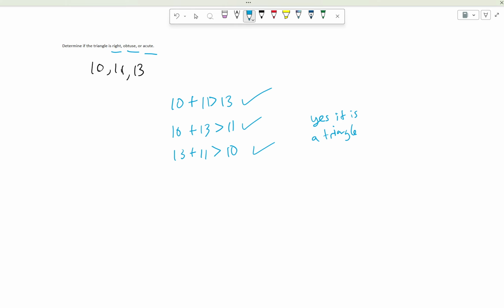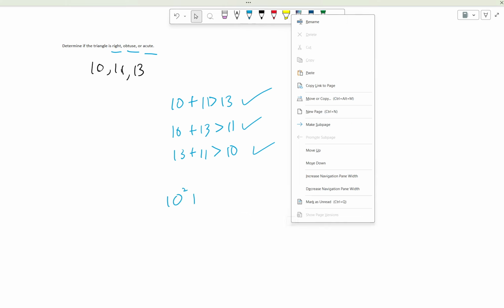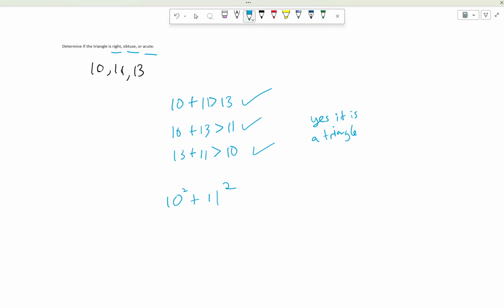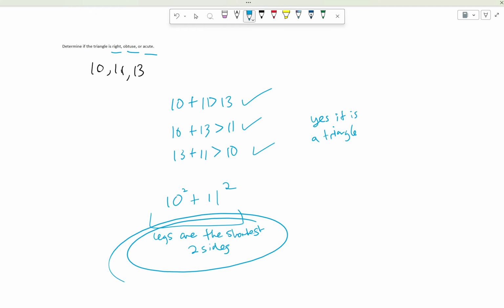So what we're going to do is take the smaller 2 sides, 10 and 11. Again, the legs are the shortest 2 sides. I'm going to be looking for you taking this note in class as I erase it right now.